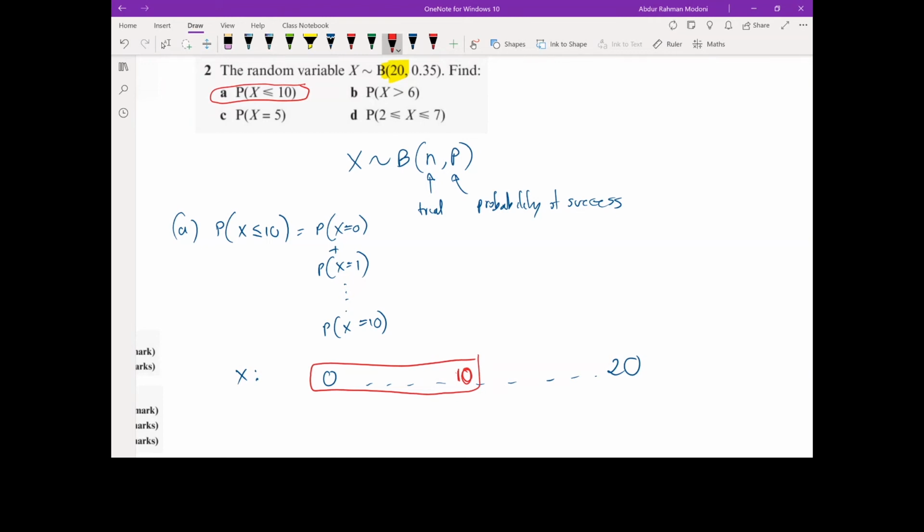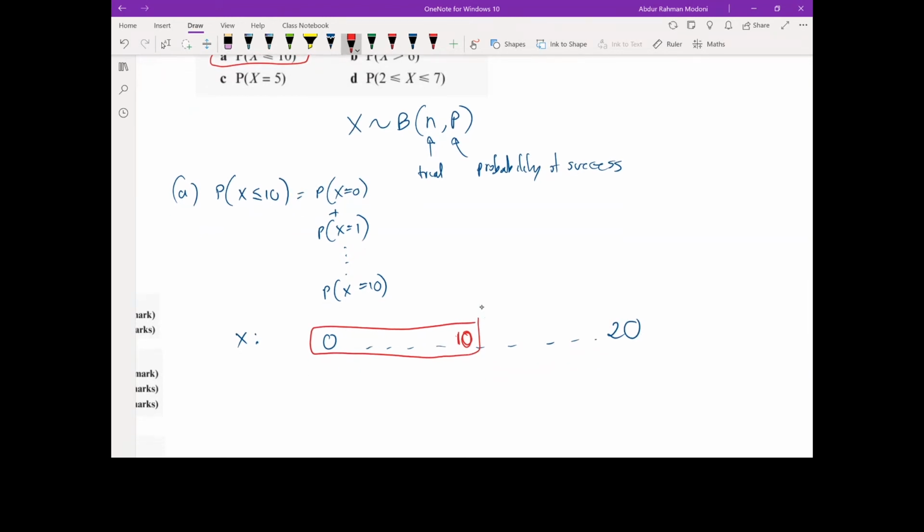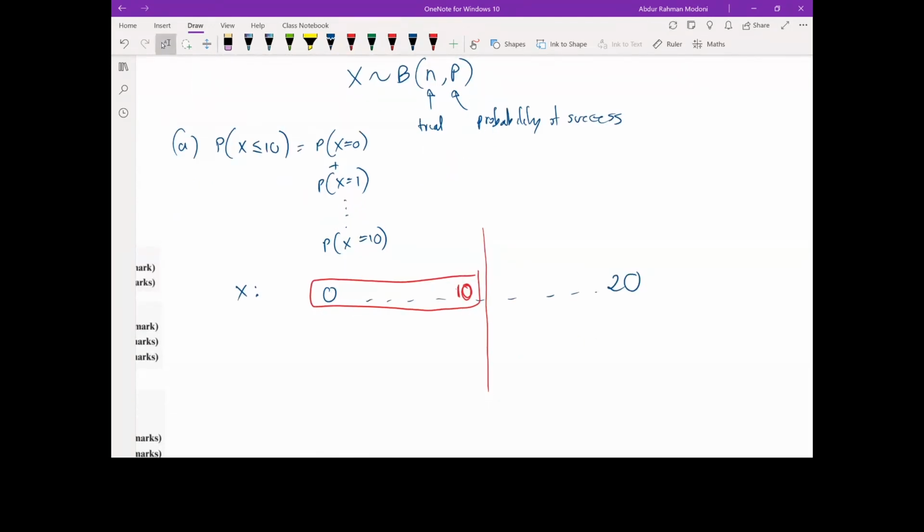Now, the calculator and the table only work out everything to the left-hand side of this number line. It only works out this side here. So I'll make a note here: calculator and tables only do this calculation. In this case, it's going to be easy because we can just use our calculator and or tables to work this side out.